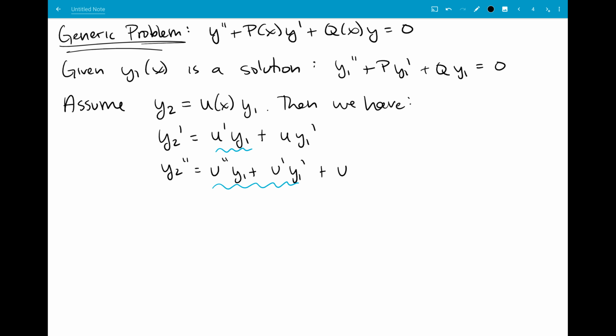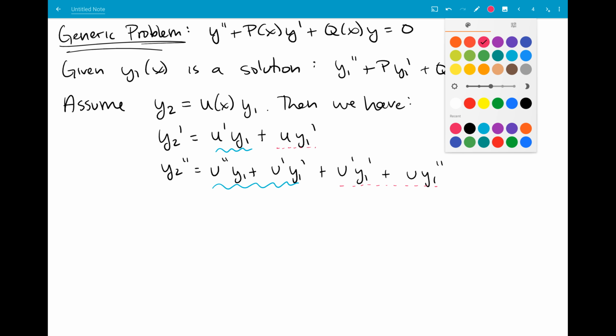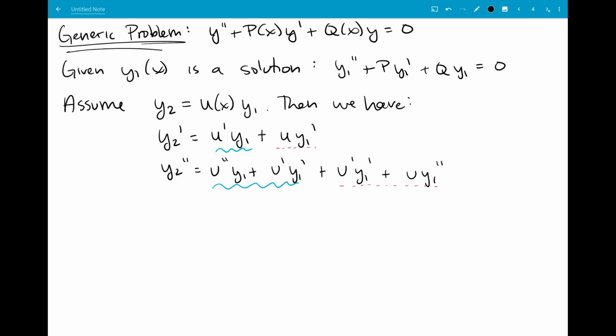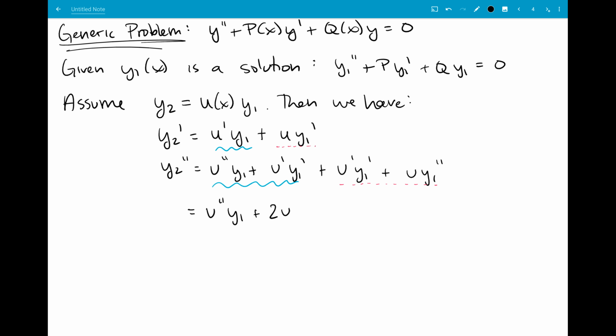And then from the second, I'll have u prime y1 prime plus u y1 double prime. We'll do a little dashed line right there. So all I've done is apply the product rule twice. And that's going to simplify to u double prime y1 plus 2 of those middle terms plus u y1 double prime.